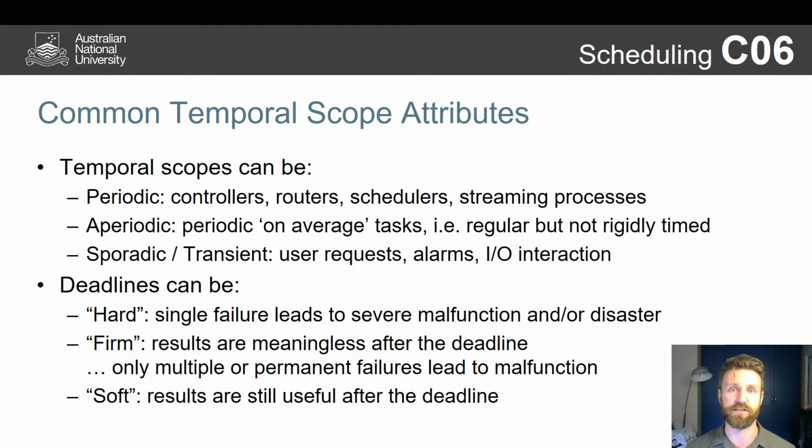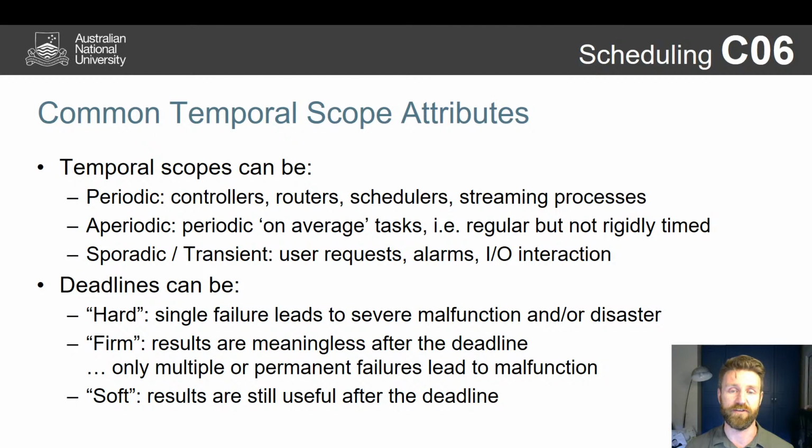And then there are other kinds of systems which you could just treat as sporadic or transient. These are things where we have no idea exactly when the next event is going to happen. It could be immediately, or it could be in some years' time. But when an event does occur, we need to respond to it within a certain real-time frame.